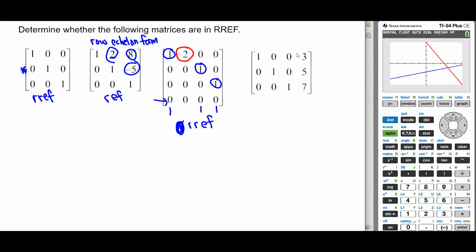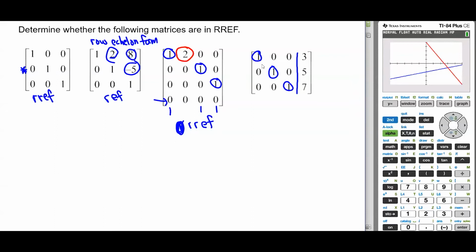So the last matrix looks like the first matrix, except it's got this extra column, and it looks like one of those augmented matrices, right? So this might be a system. Doesn't have to be, but it might be. And we do have the leading ones, right? So every row, the first non-zero number is a 1.